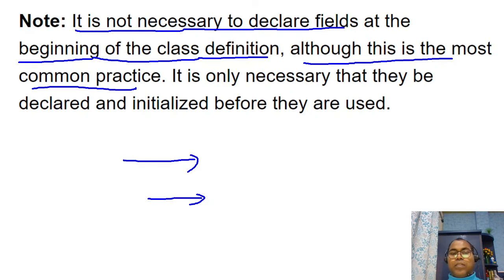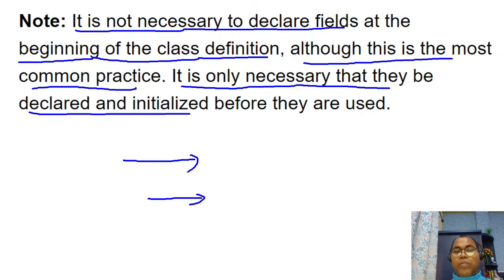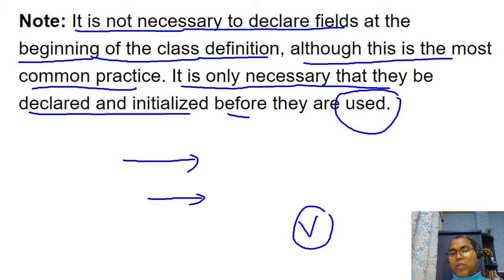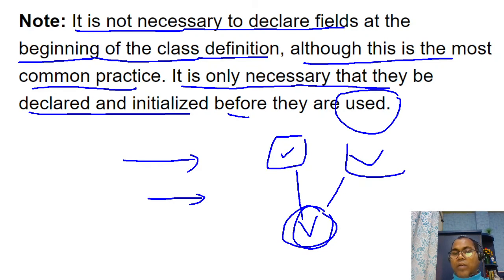Declaration and initialization need not be in the same order, but the condition is that the declaration and initialization must happen before the variable is used. If a particular variable is going to be used, at that time it should be declared and initialized. It should be declared because it is a variable of this data type, and in which order declaration and initialization happen doesn't matter.